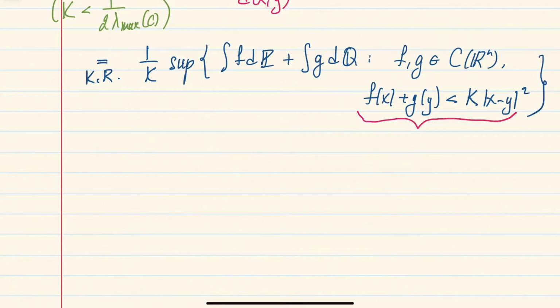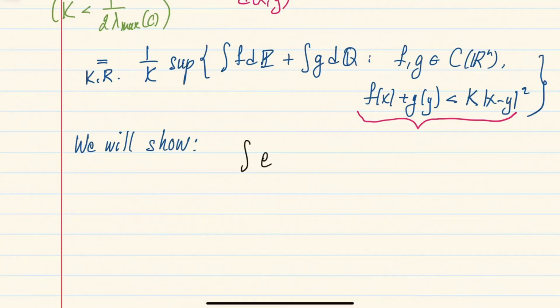And we have to use this condition in order to control the sum of these two integrals. And so we will use this condition together with the Prékopa-Leindler inequality to show that for any pair of f and g like this, the following inequality holds for any pair f and g like here.